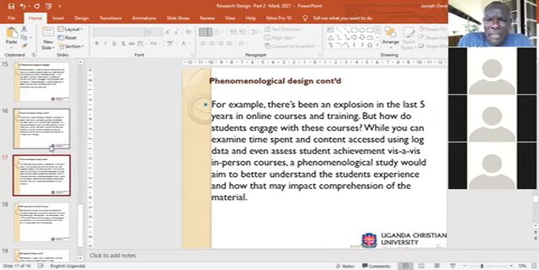While you can examine the time spent and content accessed using log data and assess student achievement vis-a-vis in-person courses, a phenomenological study would aim to better understand the student's experience and how that may impact comprehension of the material.